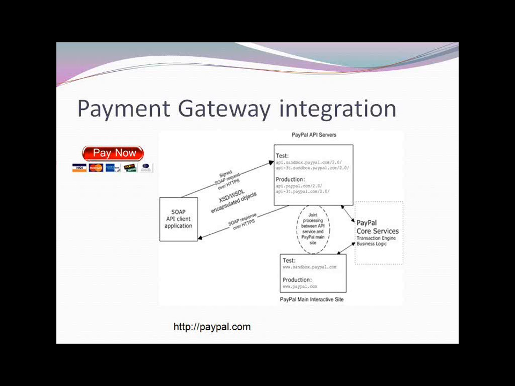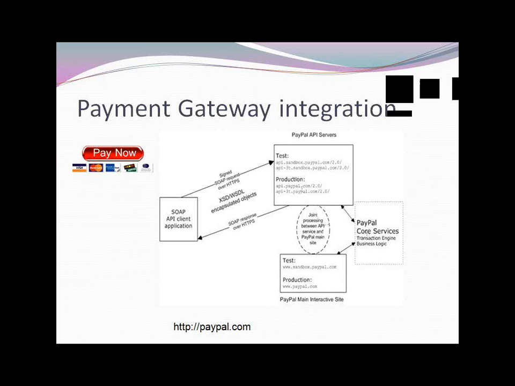Okay, so now I will go a little bit technical on how to do it. You can see my screen. This is a Pay Now button on my site. What this Pay Now button will do: if the user clicks on it, the SOAP API client will send a request, and it will go to the PayPal server API, and to the main server core, and it will check that authentication and everything is fine.